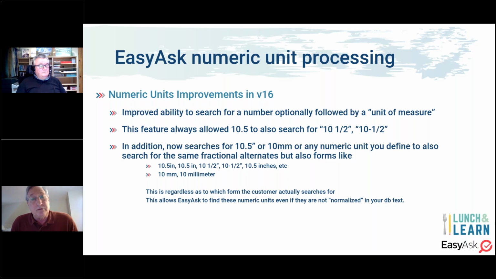Well, we really greatly improved that in 16, such that we can have alternates to the unit that you type in, so that we now know if you type in a double quote, that could mean IN, or that could mean inch, or it could mean inches. And in addition to the fractional case, it then means that when somebody searches for 10.5 double quote, in the middle of the page there, you can see that we're going to search for all these alternates of how it might actually be stored.